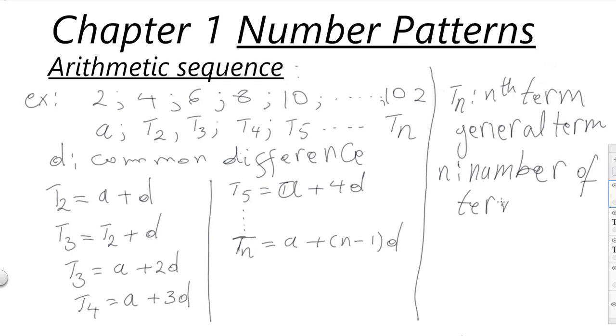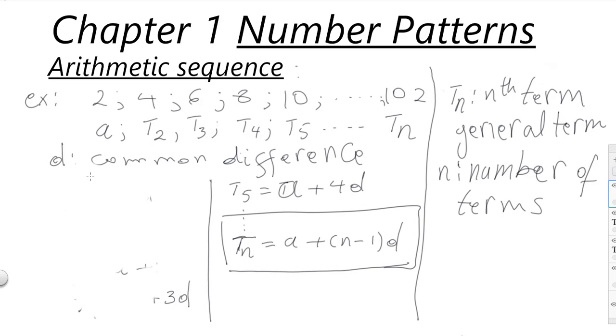How many terms are in this sequence? We call it the number of terms, okay? So this is the first formula that you need to know. And this formula, we learn it at grade 11. Now, let me continue. Now, let's go back to what we call common difference.